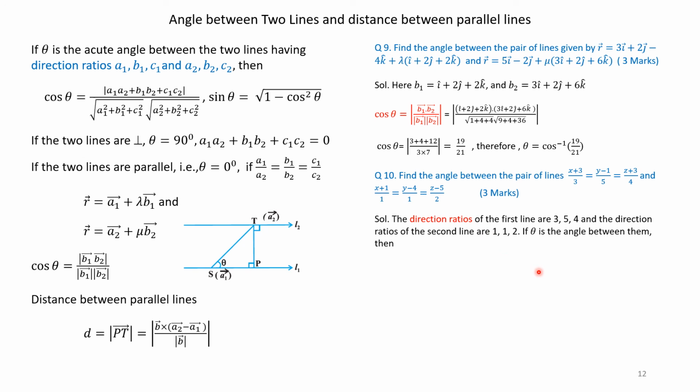If theta is the angle between them, then cos theta is given by B1 dot B2 divided by mod of vector B1 into mod of vector B2. Therefore, it is 3 into 1 plus 5 into 1 plus 4 into 2 divided by the square root of 3 squared plus 5 squared plus 4 squared, into the square root of 1 squared plus 1 squared plus 2 squared.